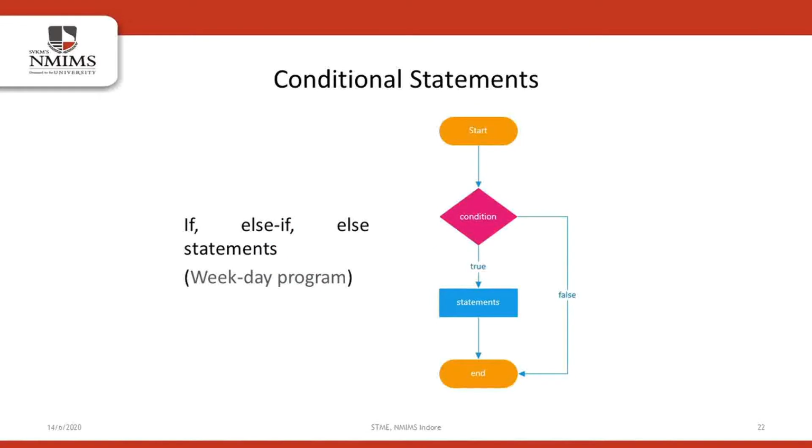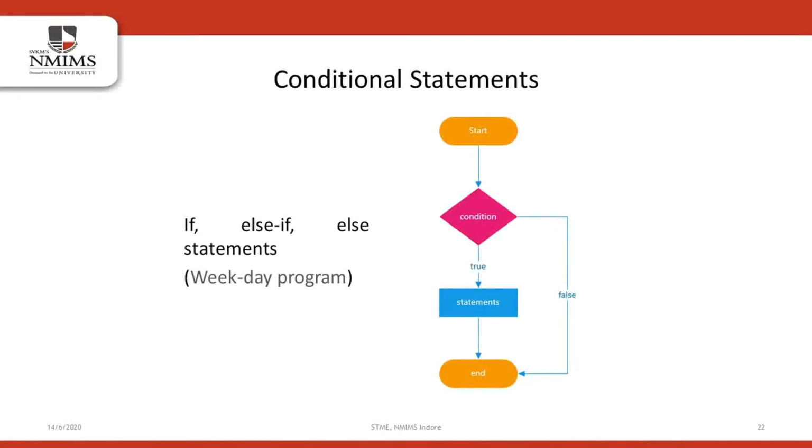Our first selection statement is the if-else statement. As you can see in the flow chart, we start the program, then we put a condition using if-else. Then if the condition is satisfied, we go to the statement, like print something or do something. Then the condition ends or the program ends.